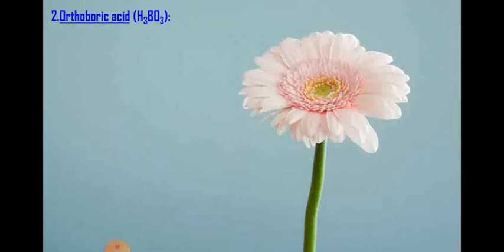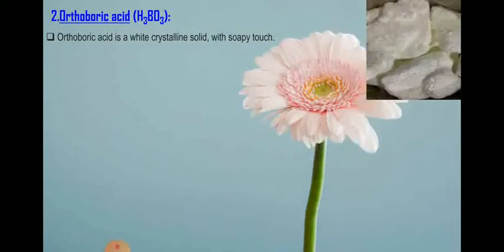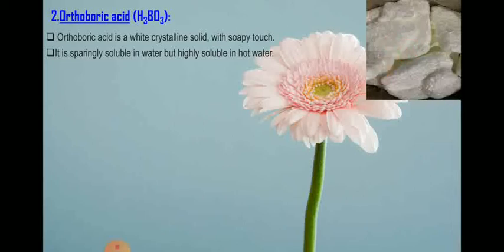Second compound is Orthoboric Acid, formula H3BO3. Orthoboric acid is also called boric acid. In this picture, you can see this orthoboric acid, it's a white colored crystalline solid having a soapy touch.